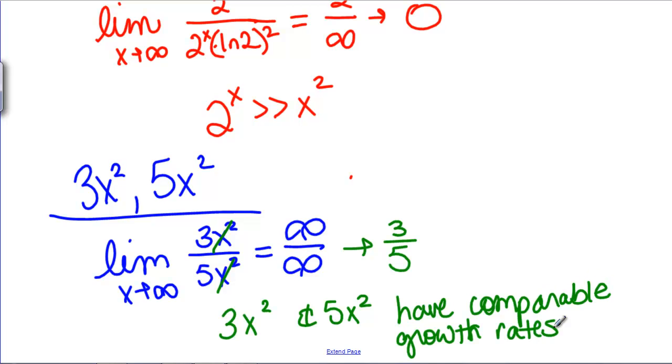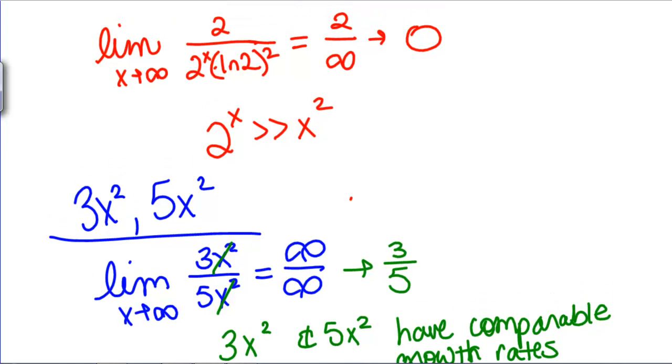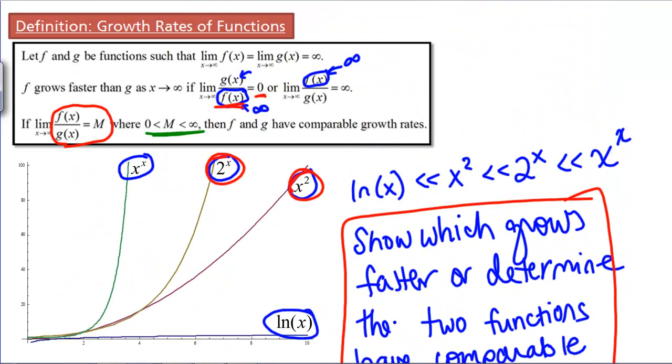Now you might be asking, why do we care about this? Well, it turns out that growth rates have lots of applications in both mathematics and other fields. Say that we wanted to talk about a population and ask what it is going to do eventually. Is it going to get really, really big? Is it going to get really, really small? Maybe it's not good enough to know that a population is just going to keep getting bigger, because maybe you're looking at the population of frogs and also the population of flies.